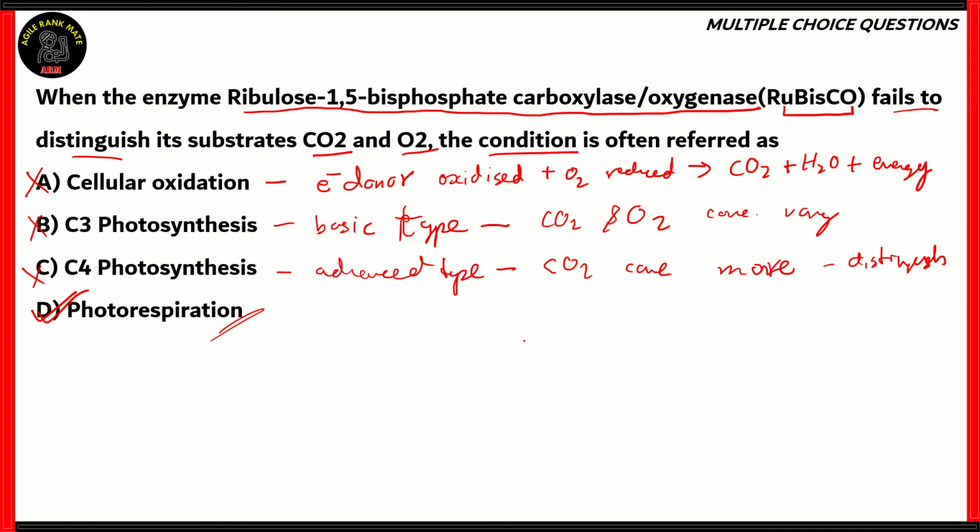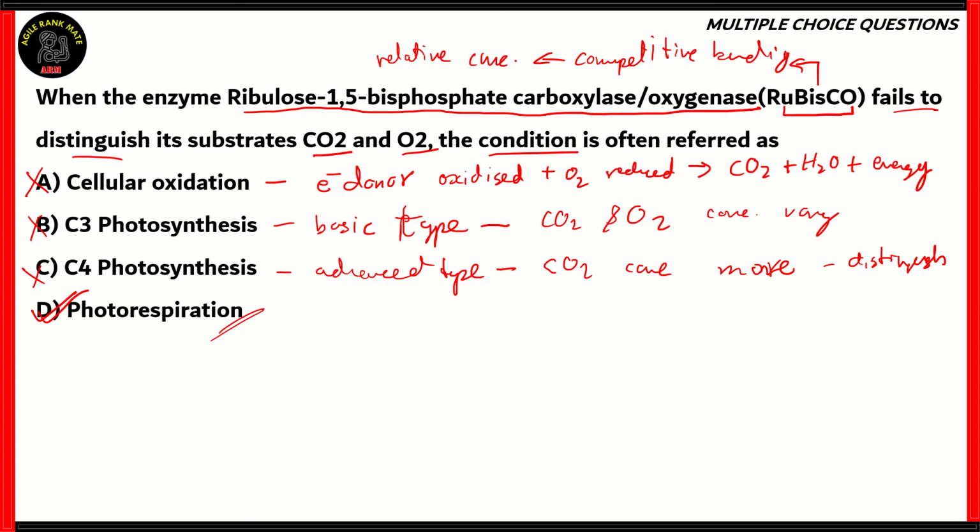Now, why does this phenomenon occur? The reason is that Rubisco, the enzyme, has both CO2 and O2 as its substrates. So therefore, the way in which they bond is what we call competitive bonding. In competitive bonding, the amount of substrate that's bonded is dependent on the relative concentration.